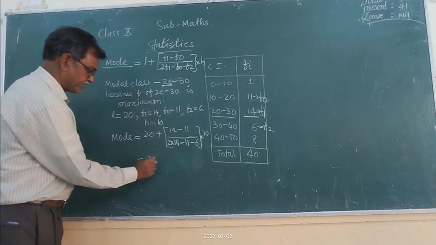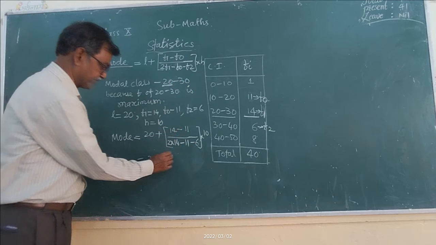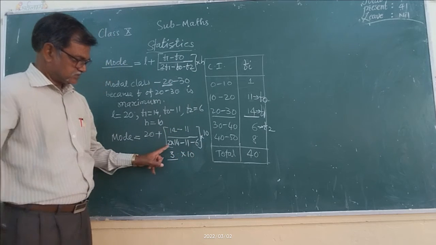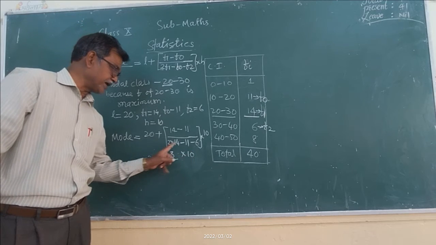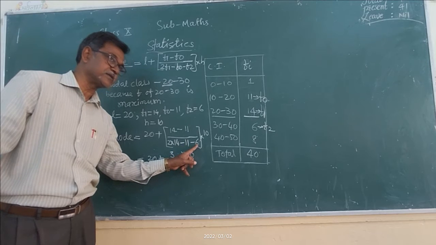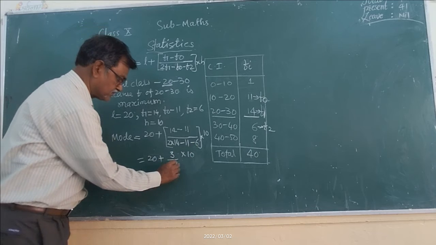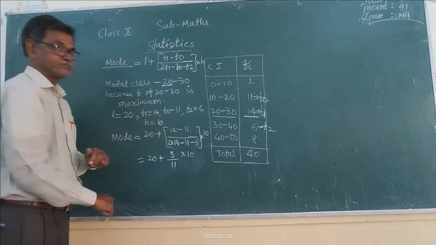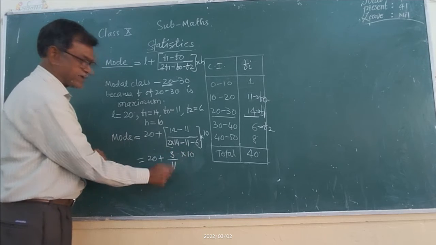Then 20 plus 14 minus 11, 3, into 10, upon this is 28. 28 minus 11, 17. 17 minus 6, 11. So now find the value of this only. 3 into 10 upon 11 means 30 by 11.